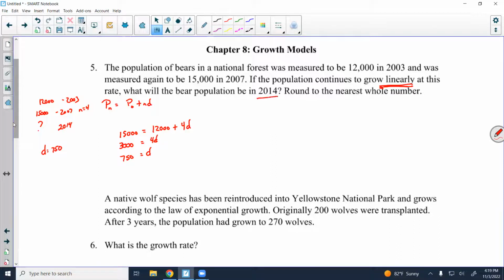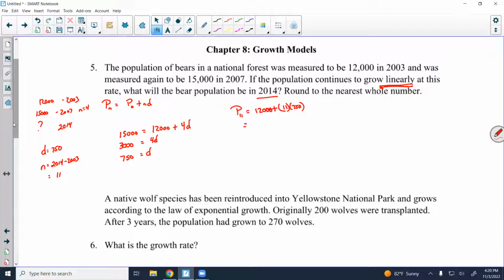I want to go to 2014. So N is equal to 2014 minus 2003, which is 11. So now my P of 11 is equal to my initial population, which was 12,000 plus 11 times 750.